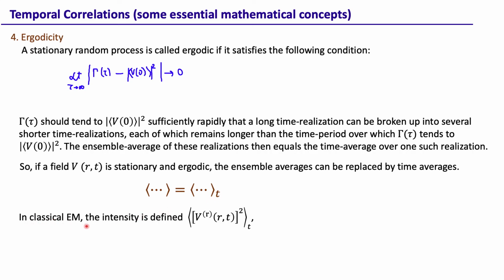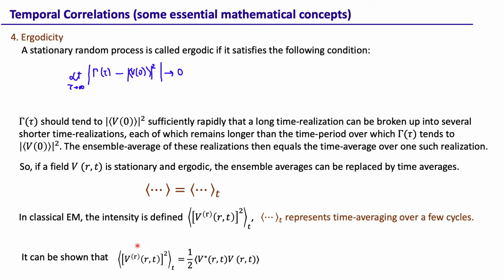Now, in classical EM, we define the intensity in the following manner. This is the real field, you take the square of it, and then this is the time averaging over a few cycles. So, in classical electromagnetism, we define the intensity like this, but we are defining the intensity using the complex analytic signal in a slightly different manner.